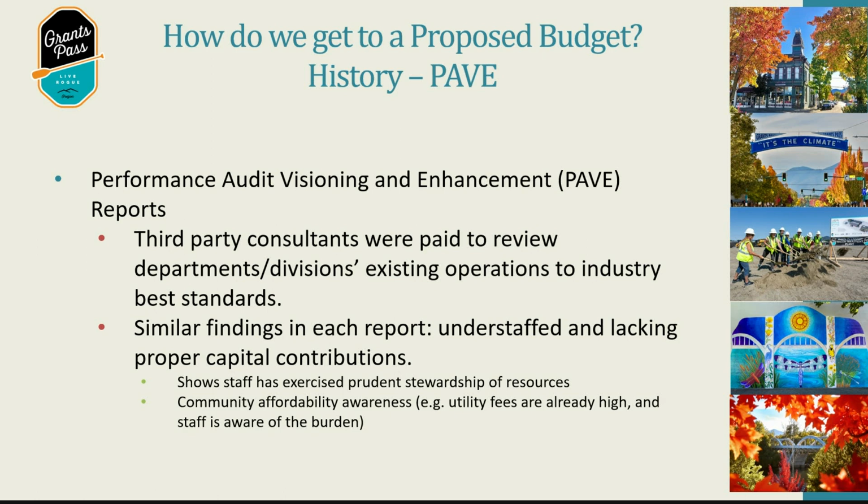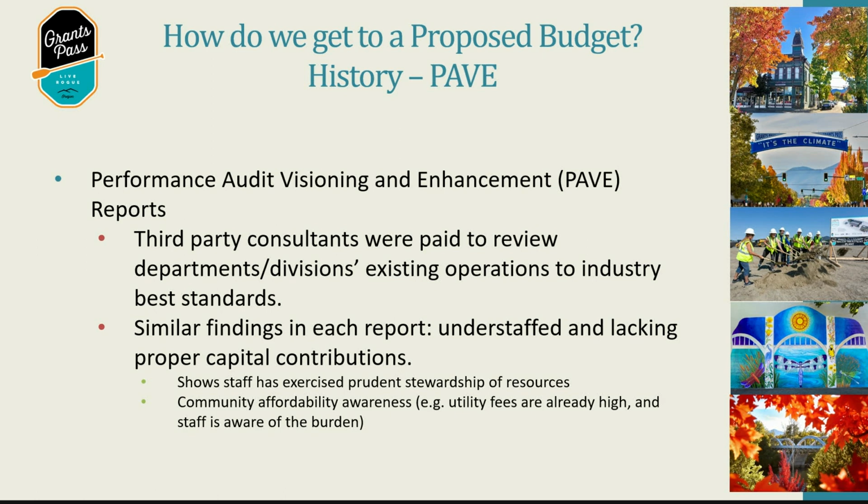I think it's important to note, I wanted to highlight that the city has taken a number of steps throughout the years to make sure that we are running efficiently and effectively. And every department and division within the city has pretty much had an external audit done of their services. This is what we called a PAVE program, Performance Auditing, Vision and Enhancement Program, where we had a third party come in and review those departments. It's important to note that each one of those reports came through with something similar between all of them.